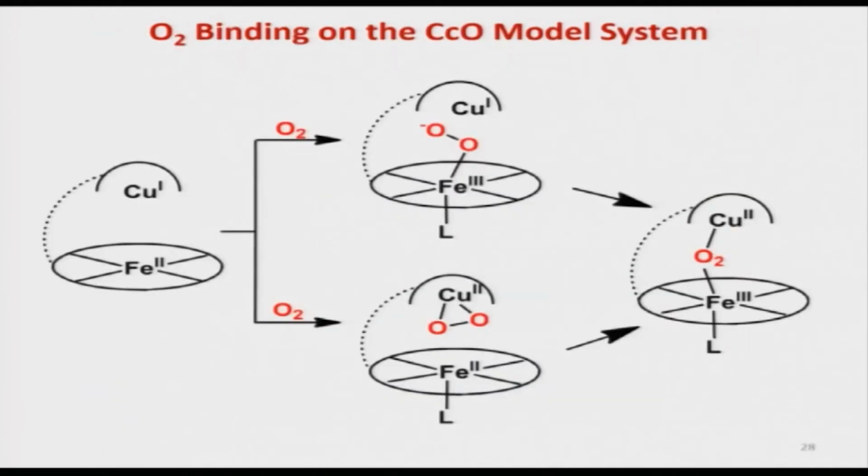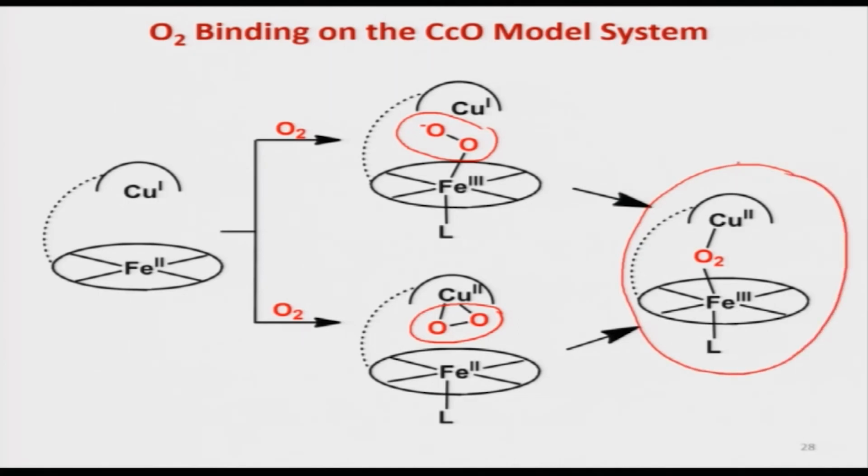Now, the question is how dioxygen binds, whether dioxygen binds first to copper, and then what would happen is that it can form like this Cu-O bond, or dioxygen first can bind to the iron center as well, and it forms this iron 3 O2 minus, as we already studied. However, both these forms give rise to this copper iron O2 2 minus, and this is the product which is forming.